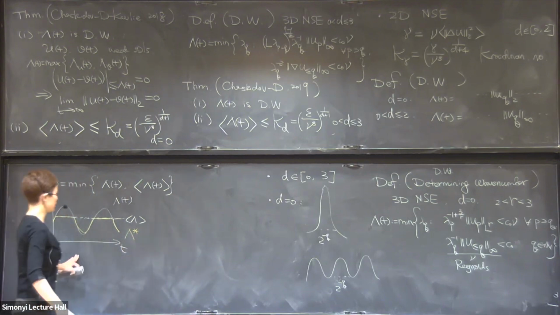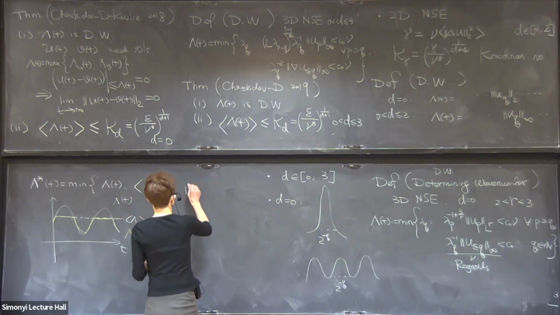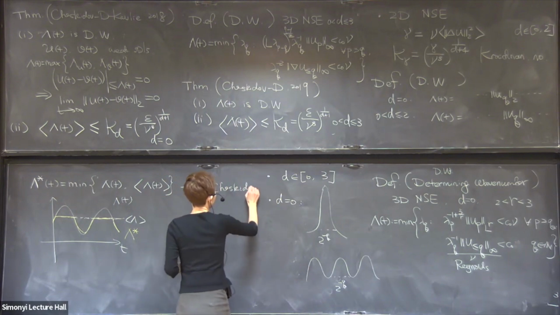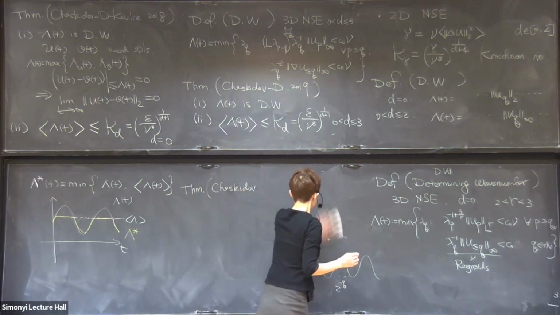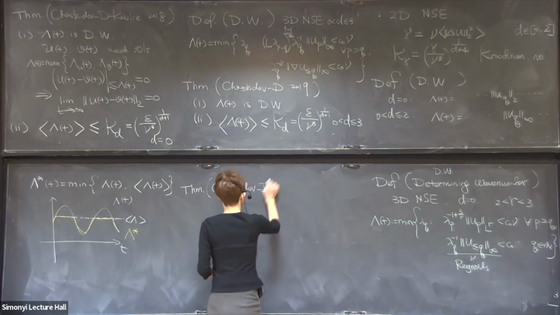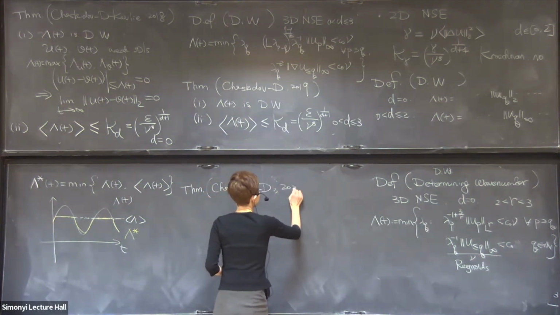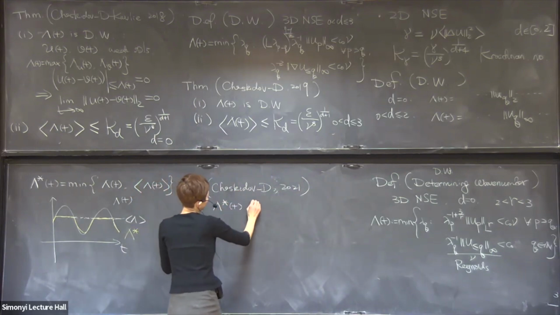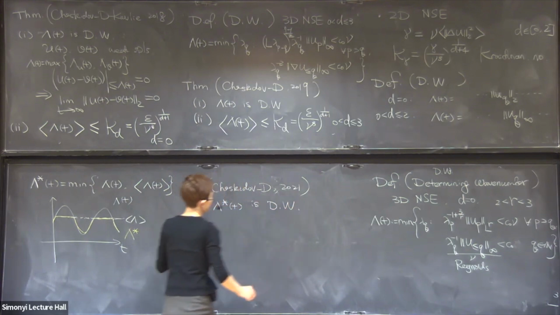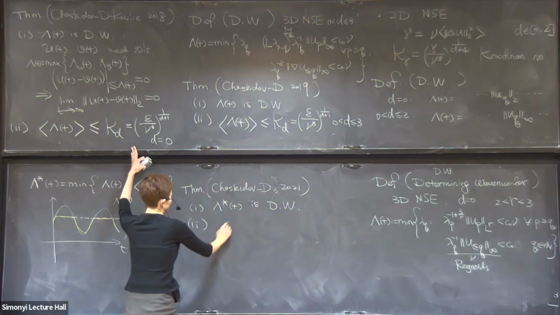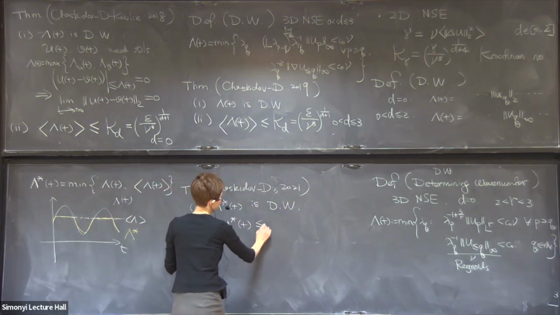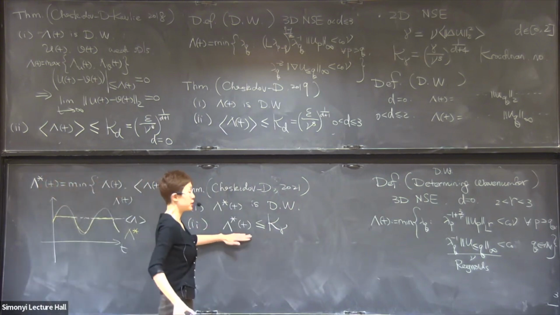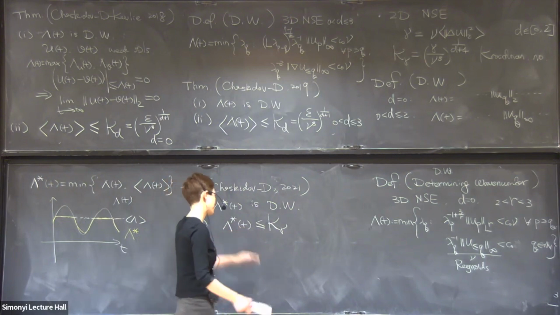So we showed that lambda star, it's a recent result, is a determining wave number, again in the same sense. Second, we have the estimate on the wave number pointwise. Now it's not average, it's pointwise.